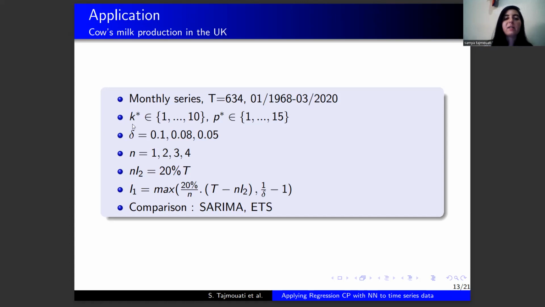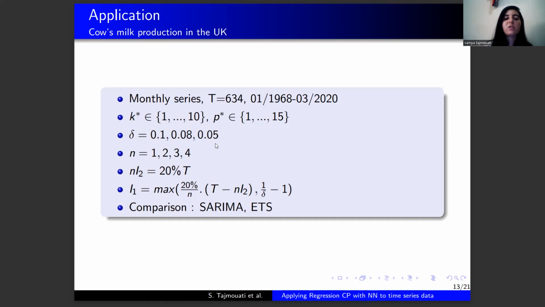We will try to get the optimal parameters of weighted nearest neighbors among 1 to 10 and 1 to 15 for the number of nearest neighbors and the window length, respectively.